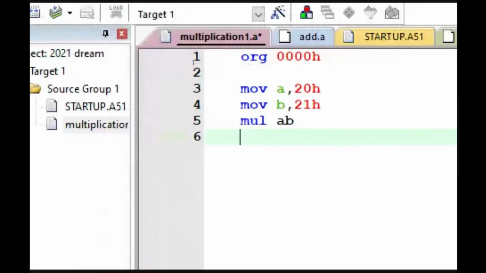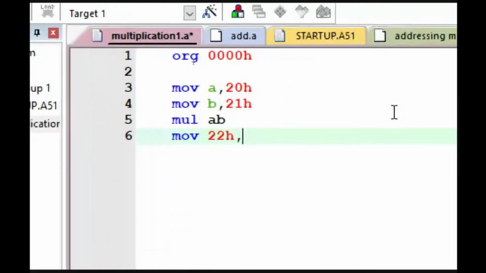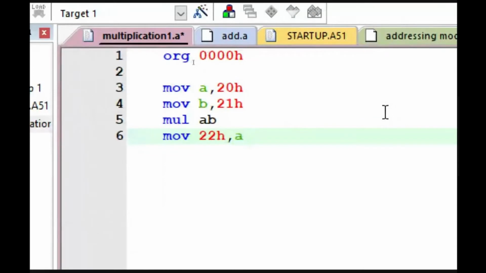MUL AB is the multiplication instruction. After multiplication, the product will be in both accumulator and B register, and the accumulator holds the least significant byte. Hence, we can move the least significant byte first, as per our procedure, to the 22nd memory location, which is the next location, from the accumulator by using the instruction MOV 22H, A. What does this MOV 22H, A do?